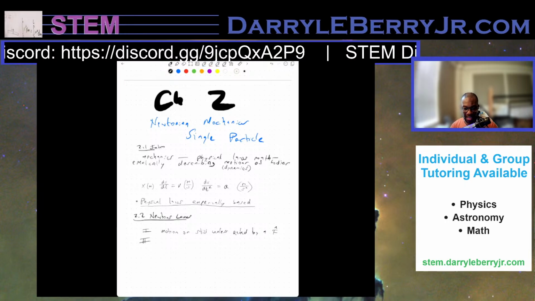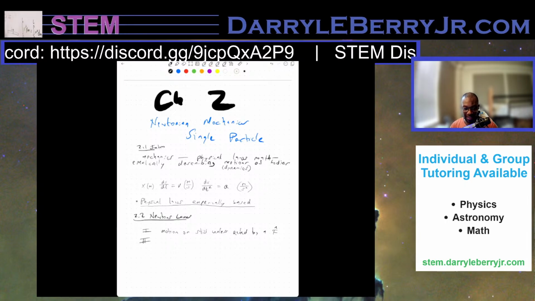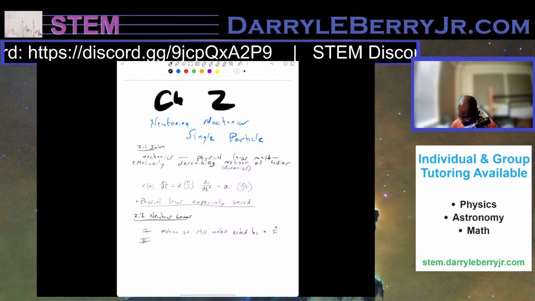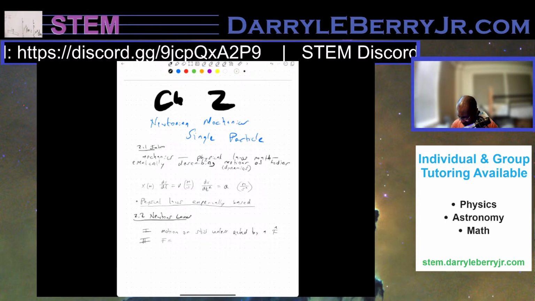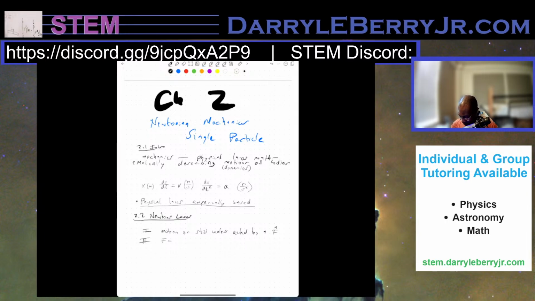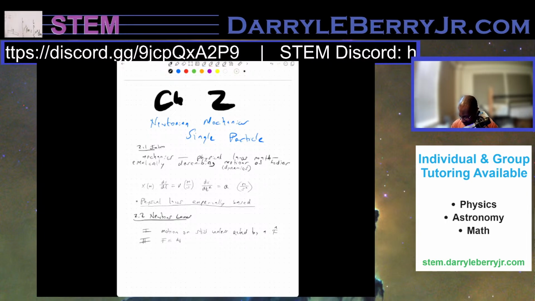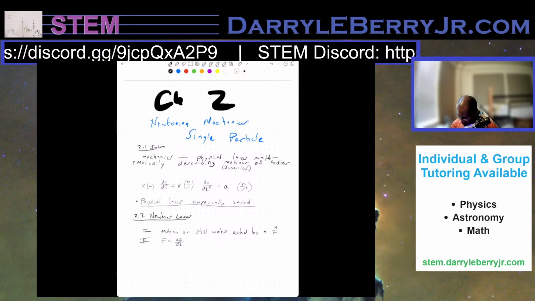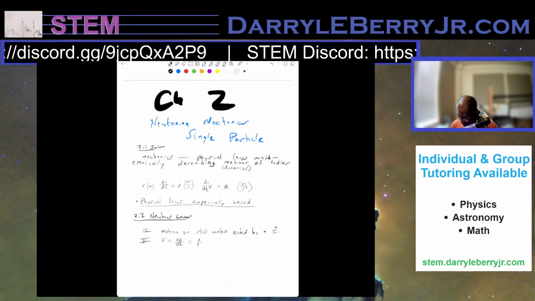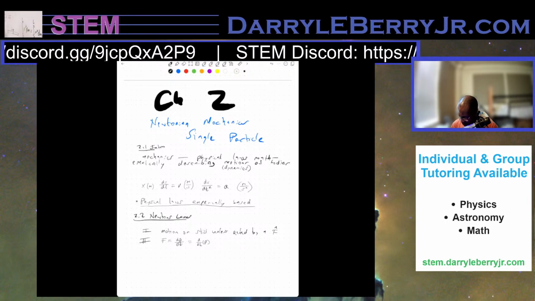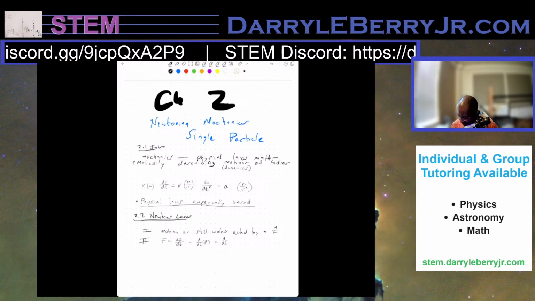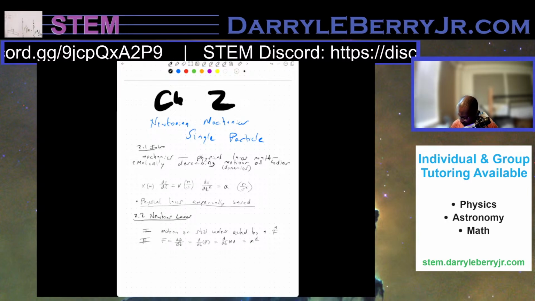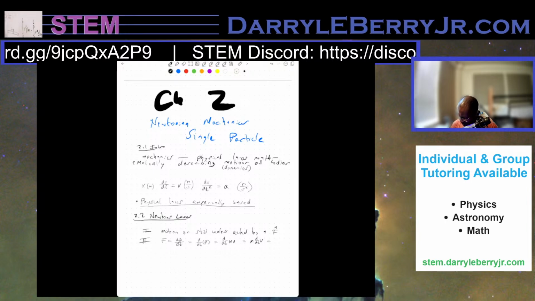2. A body acted upon by a force moves in such a manner that the time rate of change of momentum equals the force. The time rate of change of momentum. So the actual law is F equals dp over dt, which equals d over dt of p, which equals d over dt of mv, which equals m d over dt of v, which equals ma.